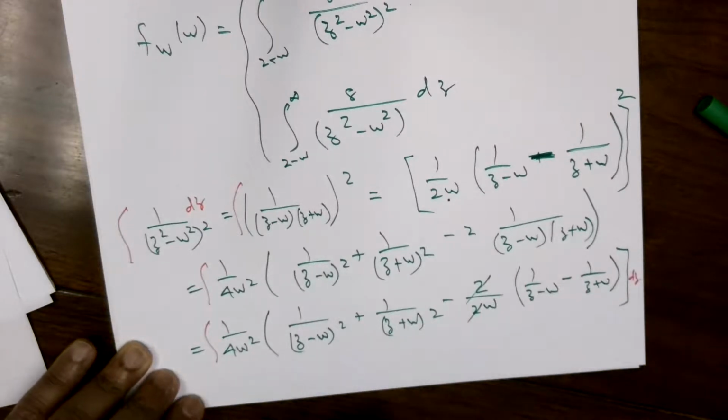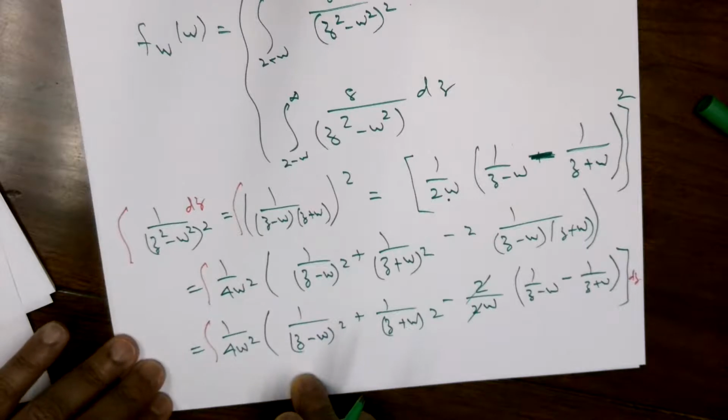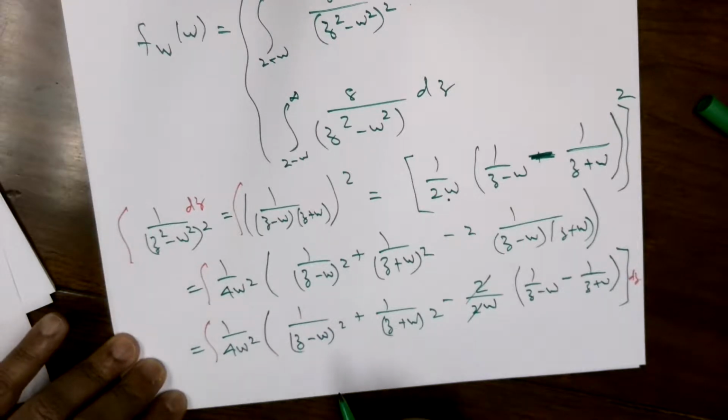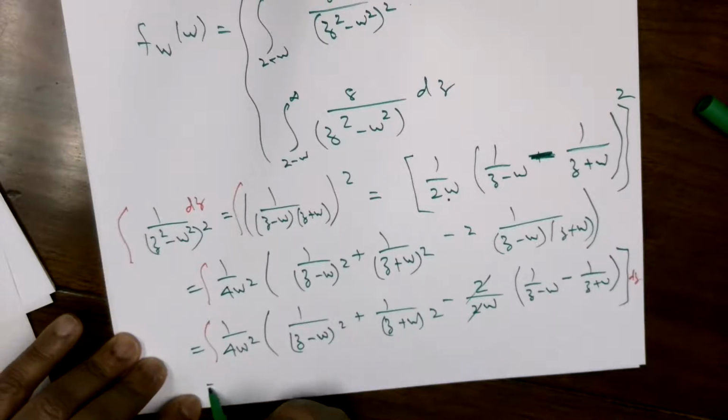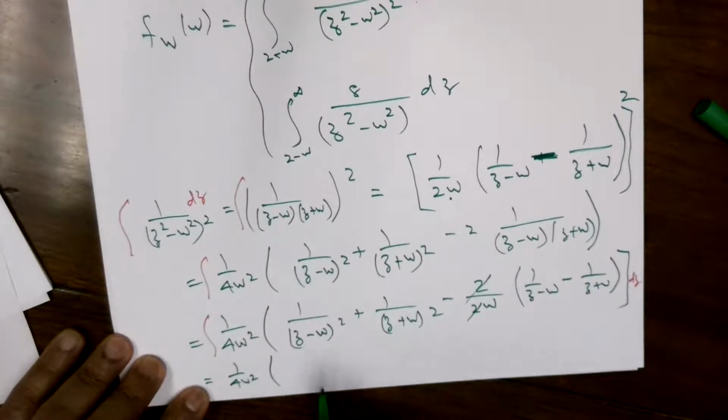So once you integrate, you get 4w squared, and remember the integration is with respect to z, so this comes out to be 1 over z minus w with a minus sign.